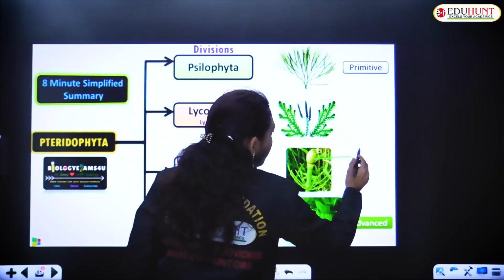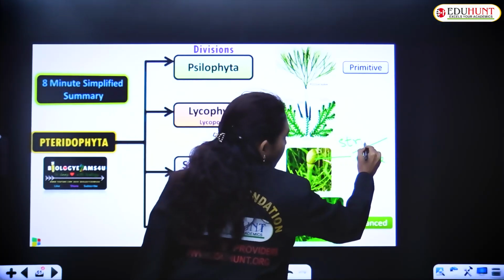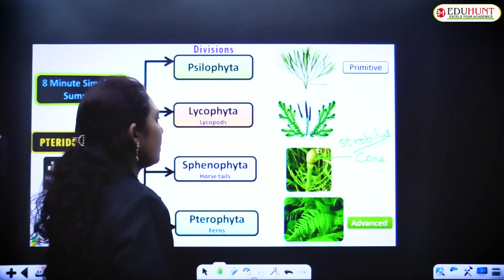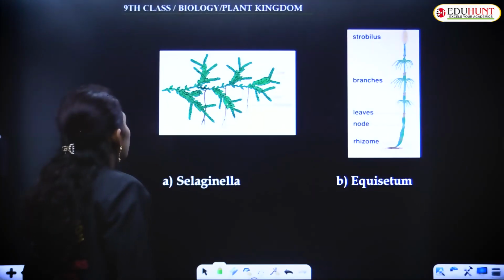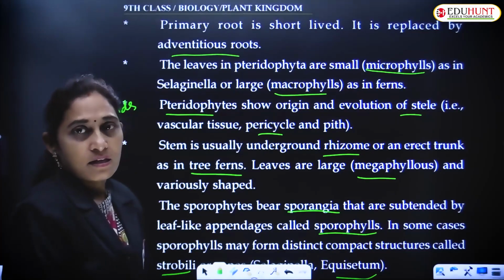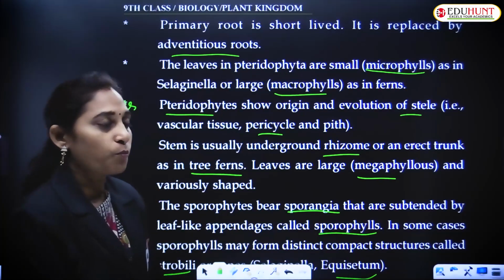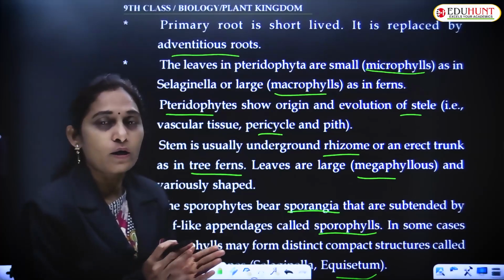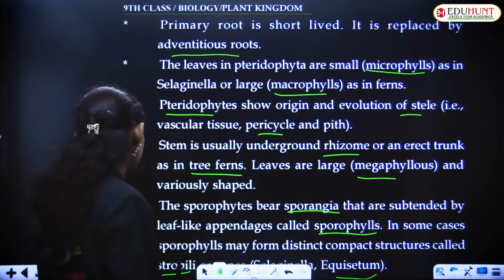This is the Equisetum cone or strobilus. The sporophytes bear specially structured leaves called sporophylls, and sometimes the sporophylls aggregate into a cone-like structure called the strobilus. It is seen in Selaginella and Equisetum.